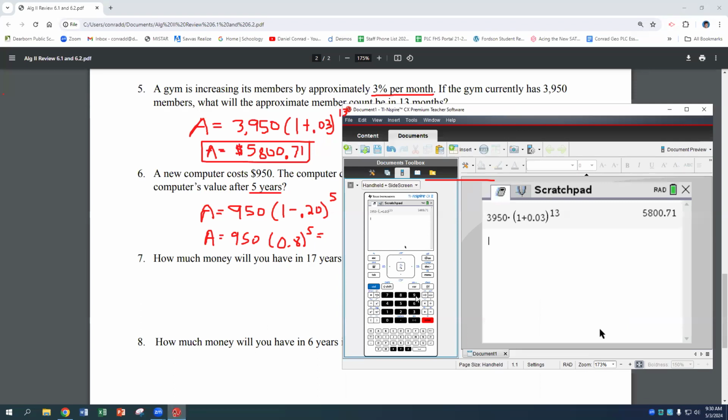I always just put 0.8 to the fifth power. We get $311.30.